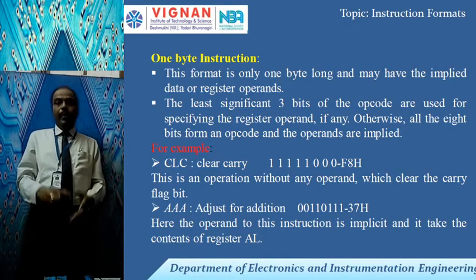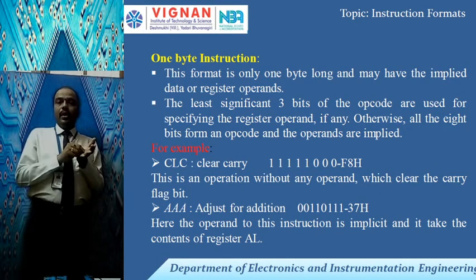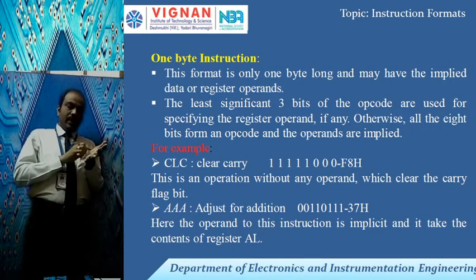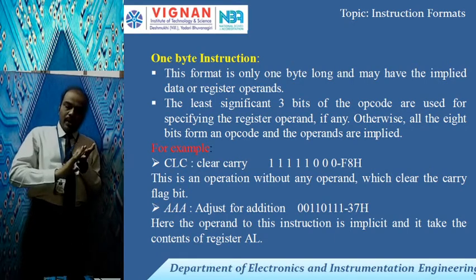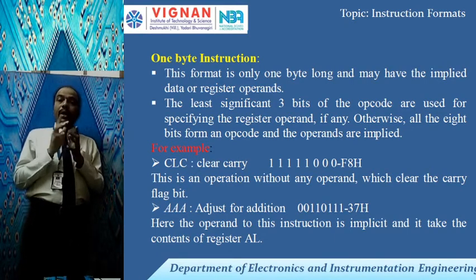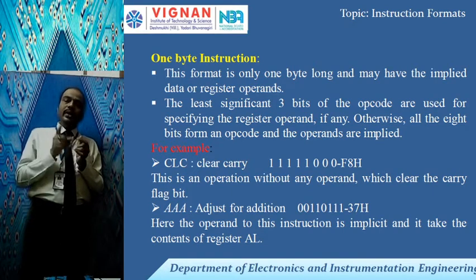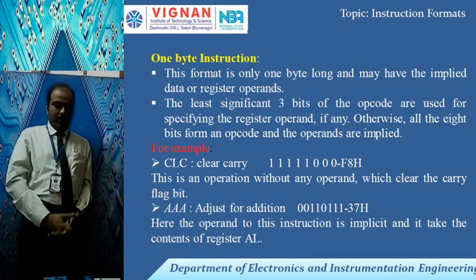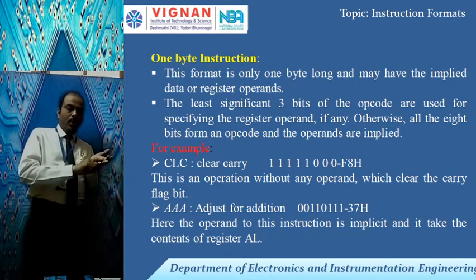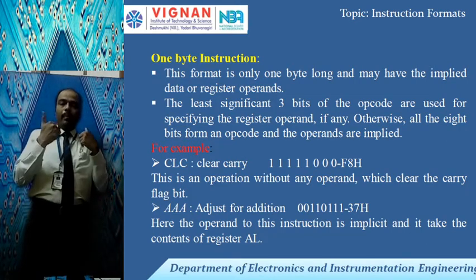So the data may be specified by a register or sometimes by a memory location. In this case, the least significant 3 bits of the opcode are used for specifying the register operand, if any. If there is any operand, then it will be specified by the least 3 significant bits. Otherwise, all 8 bits form an opcode and the operands are implied.